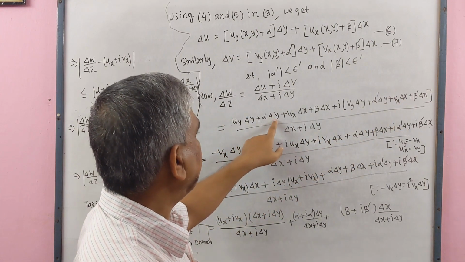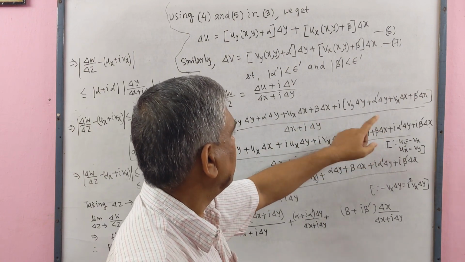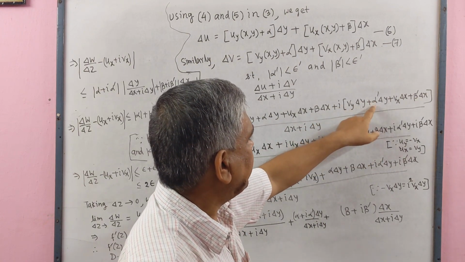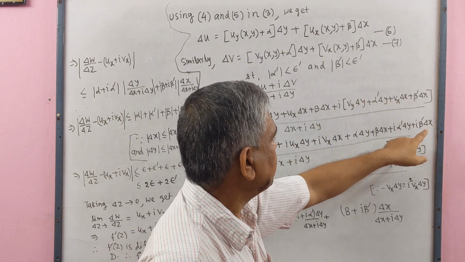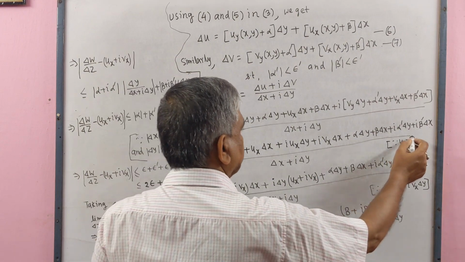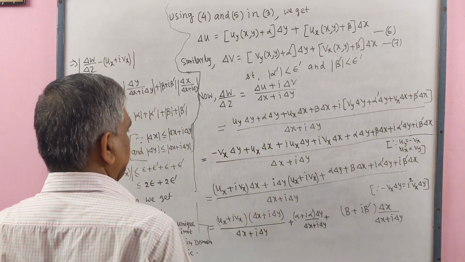Next we write alpha delta y plus beta delta x plus i alpha' delta y plus i beta' delta x, by delta x plus i delta y.